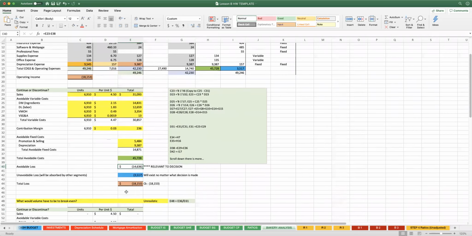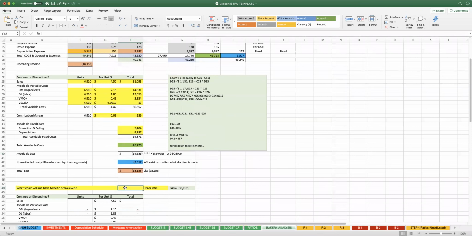Okay. So down here, I'm asking you to figure out, if you wanted to keep the bakery, how many units would you have to sell to break even? So what we do here is grab total avoidable fixed costs, and you divide by D31, which is that contribution margin per unit.